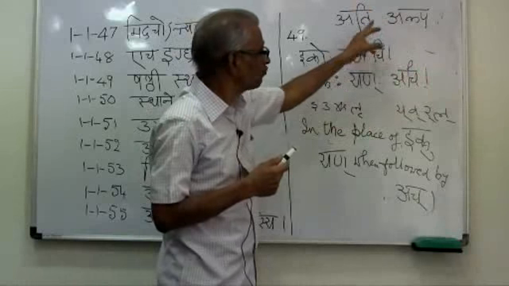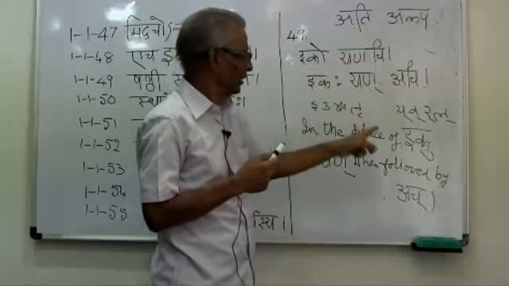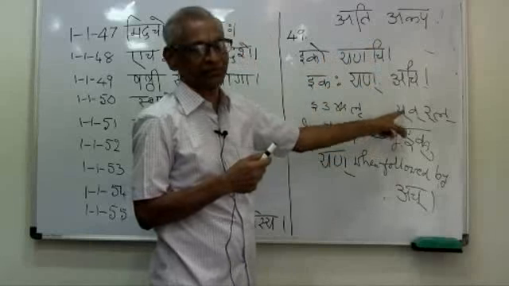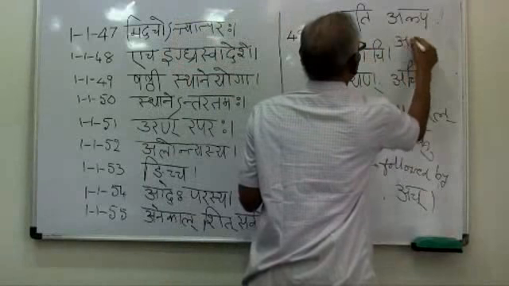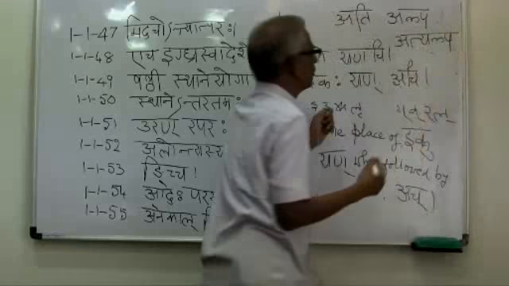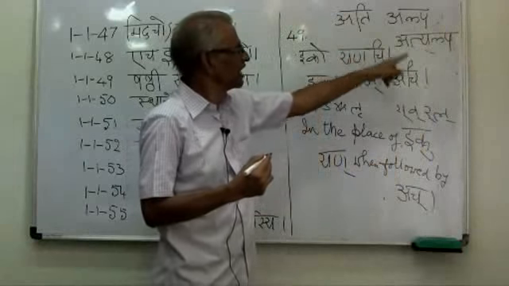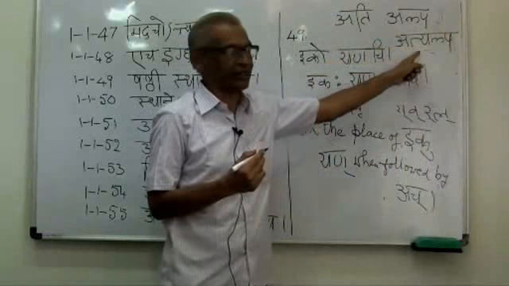When ikara is followed by ach, in the place of ikara, yakara is to be taken. That means it will be transformed as atyalpa, because in the place of ikara, yakara has been taken.